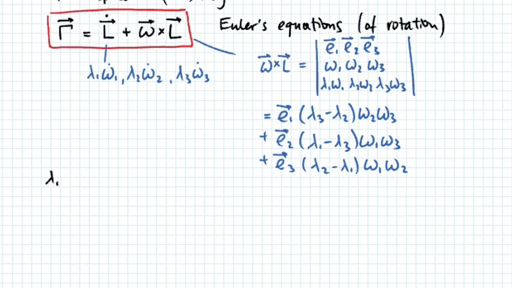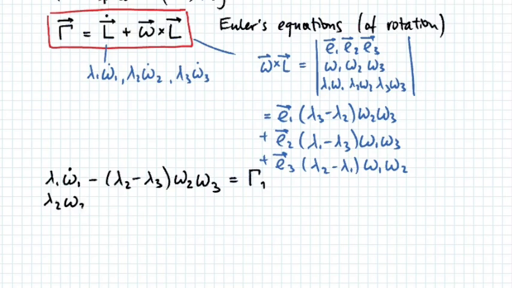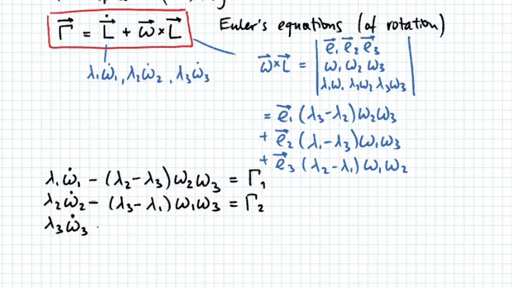We'll have lambda 1 times omega 1 dot minus (lambda 2 minus lambda 3) times omega 2 times omega 3 equal to the torque component 1, gamma 1, then lambda 2 times omega 2 dot minus (lambda 3 minus lambda 1) times omega 1 omega 3 equal to the torque component 2, and finally lambda 3 times omega 3 dot minus (lambda 1 minus lambda 2) omega 1 omega 2 equals the torque component 3.